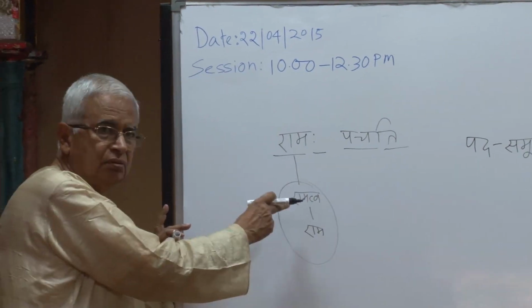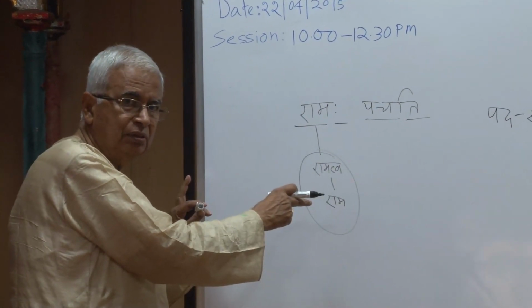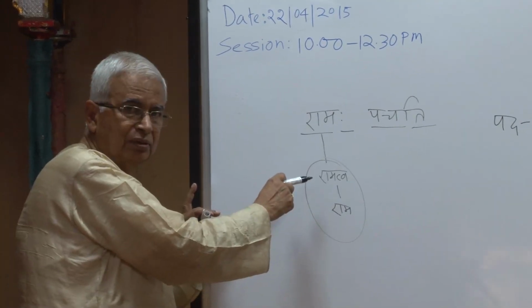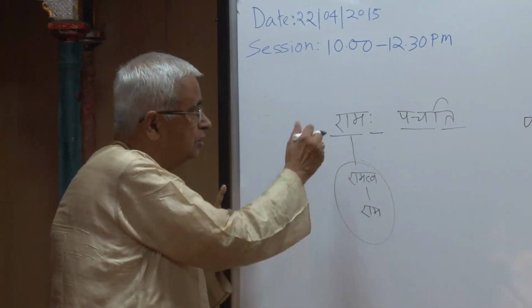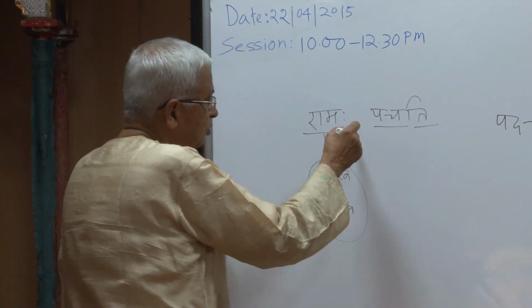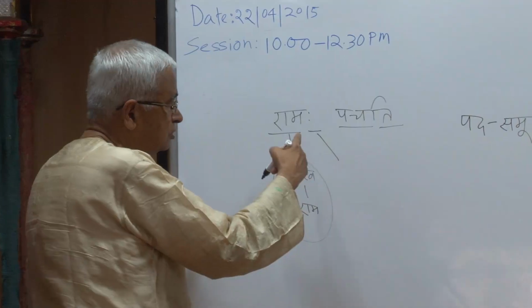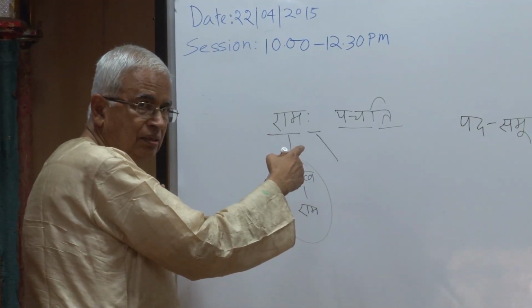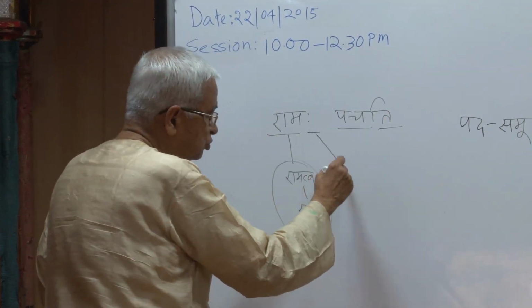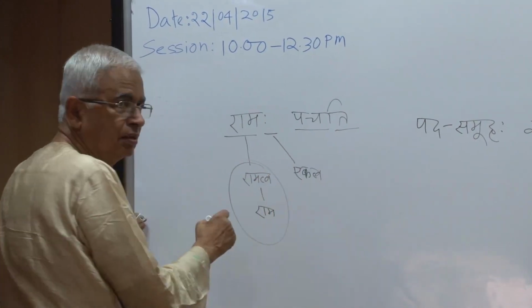A person called Rama. Why do you call him Rama? Because of Ramatva. So Ramatva Vishishta is the meaning of Rama. Then from this is Ekatva, Sankhya. So Ekatva you get from, so Ekatva Vishishta is Rama. Alright?